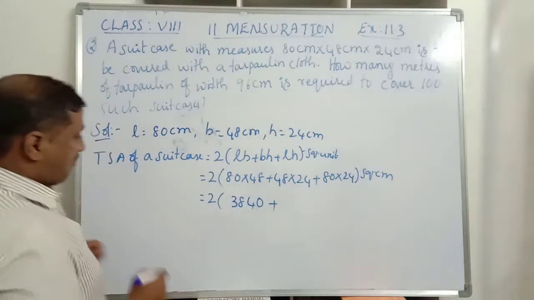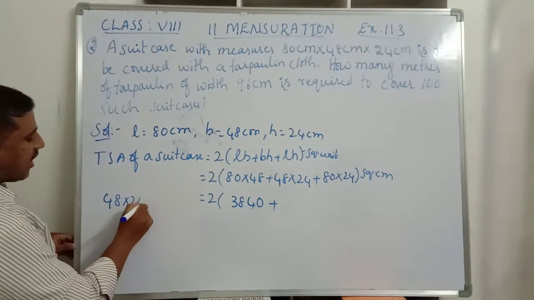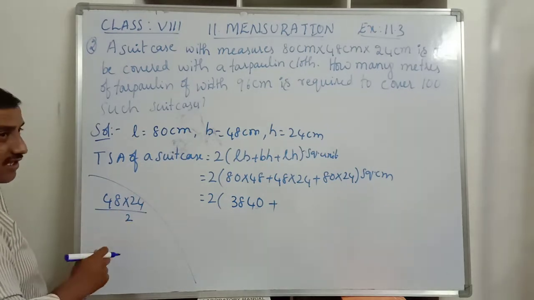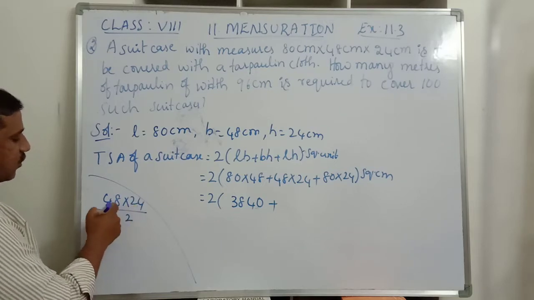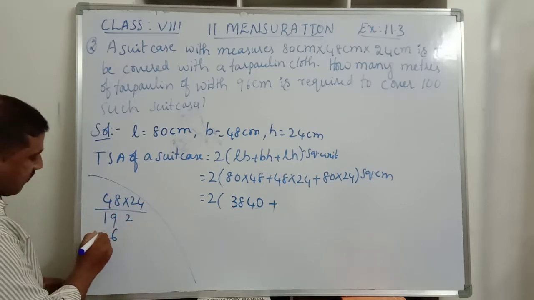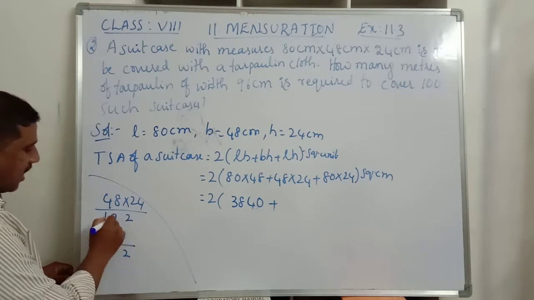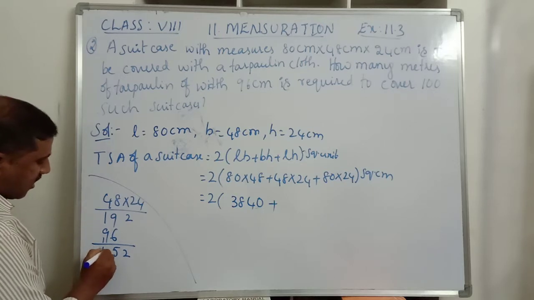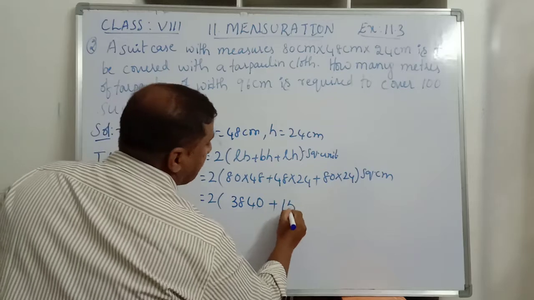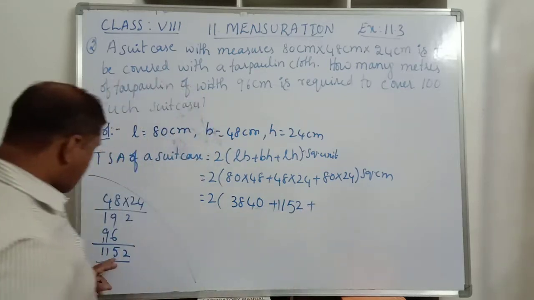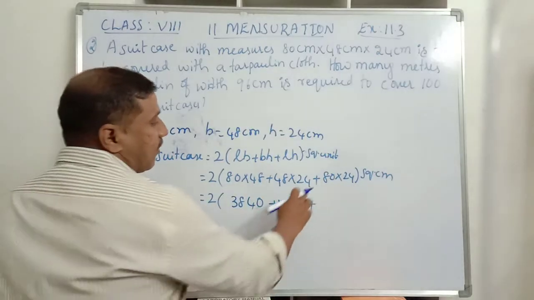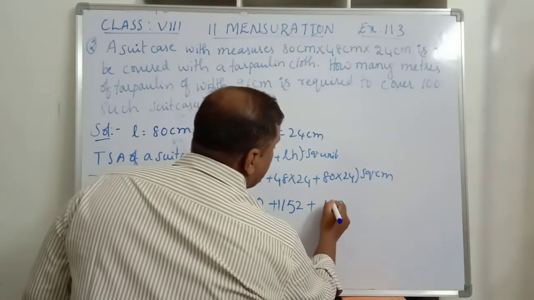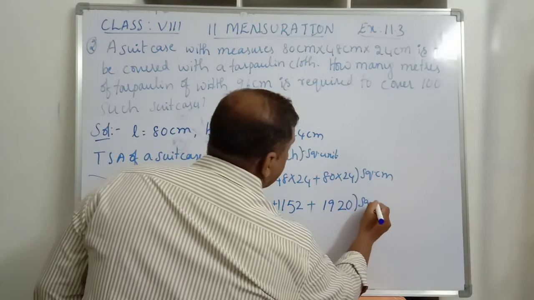Plus multiply 48 and 24: 4 8s are 32, 4 4s are 16 plus 3 is 19, 2 8s are 16, 2 4s are 8 plus 1 is 9. Adding, we get 1152 square centimeters. Plus 80 into 24: 8 4s are 32, 8 2s are 16 plus 3 is 19, and keep 0, so 1920 square centimeters.